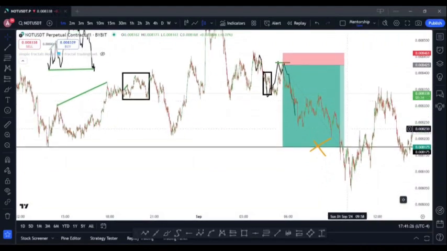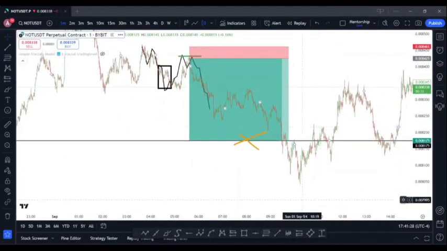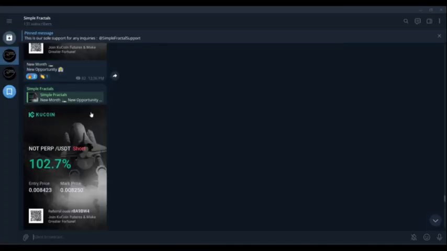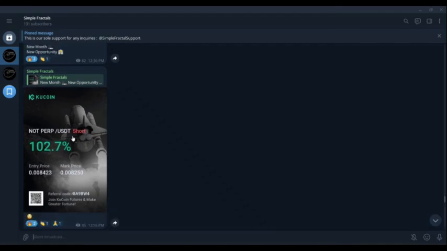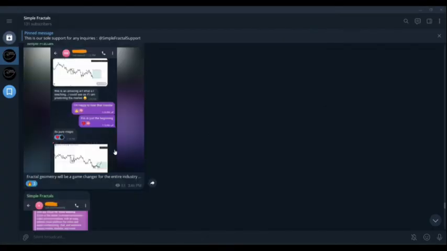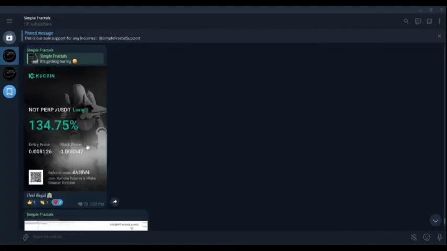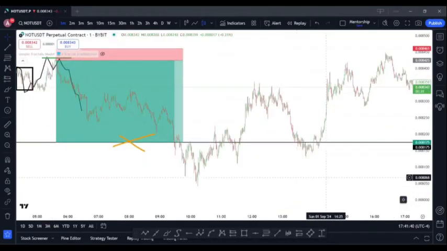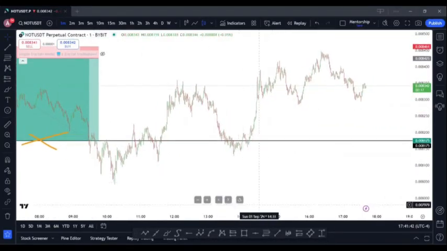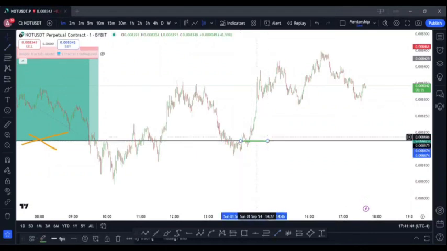That's it. So then after that, as you can see on the Simple Fractals channel, this was the short position. And then after this one, I took another long position, from this level right here. This is on the USDT 1-minute chart.